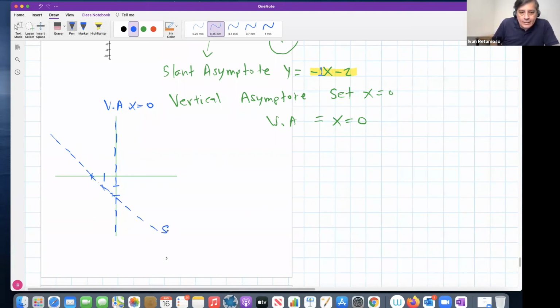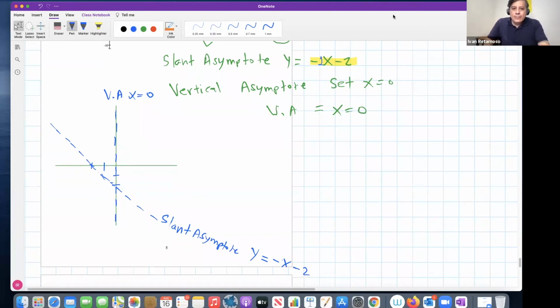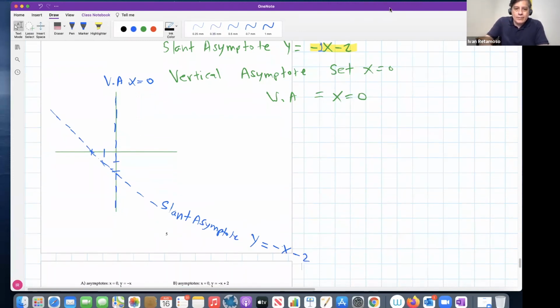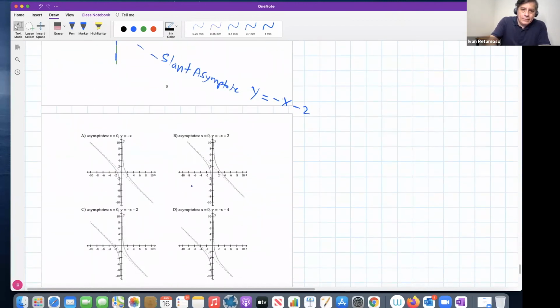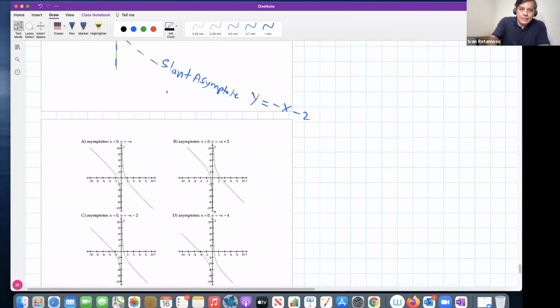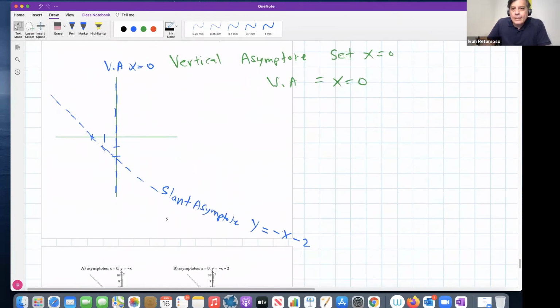This is the slant asymptote, this is the vertical asymptote, right? The slant asymptote has this equation, minus x minus 2. So we have to figure out now which of these 4 should be the graph of that. And for that, let's use test points, okay?